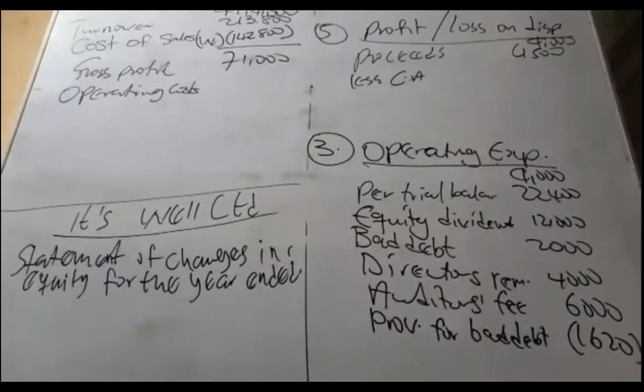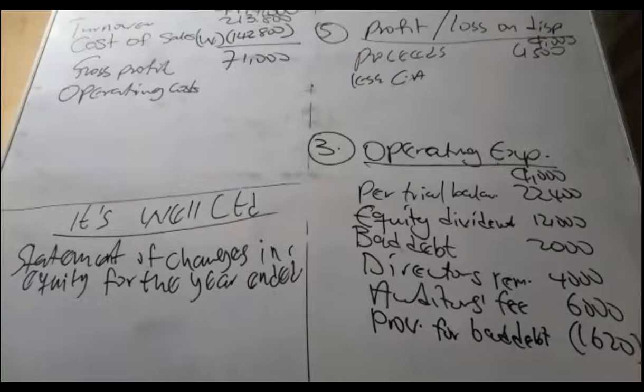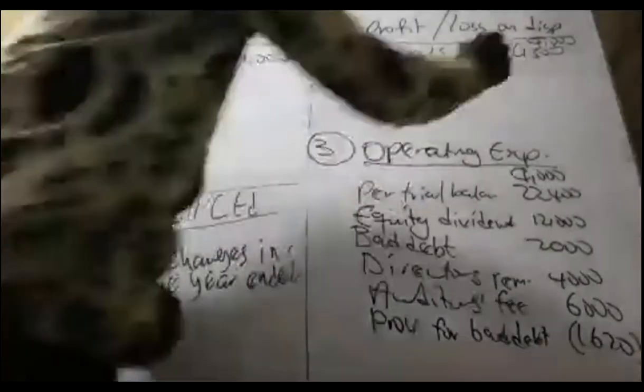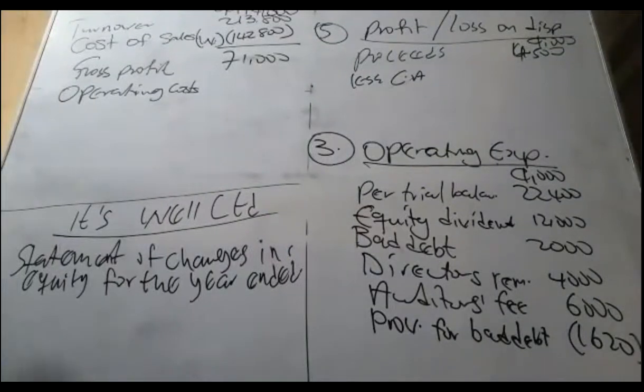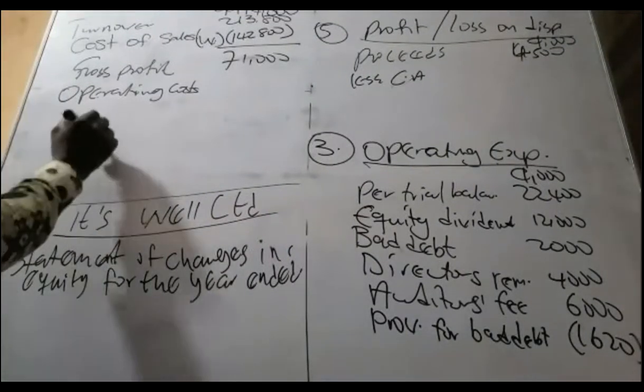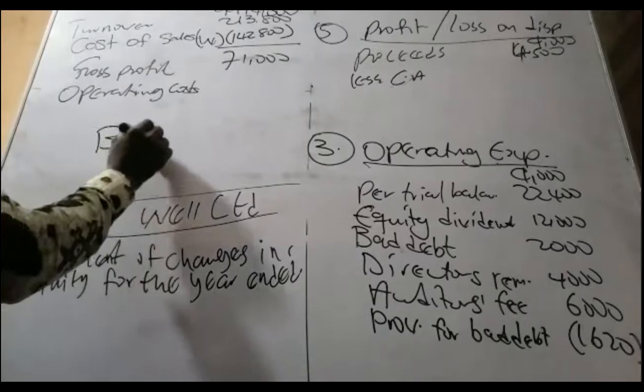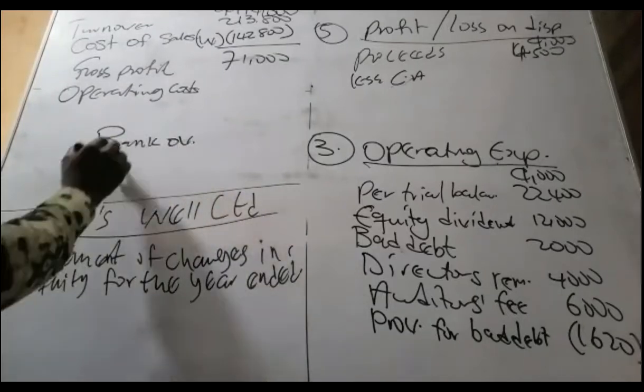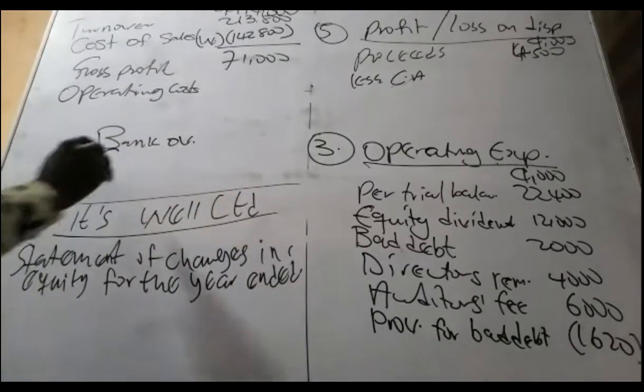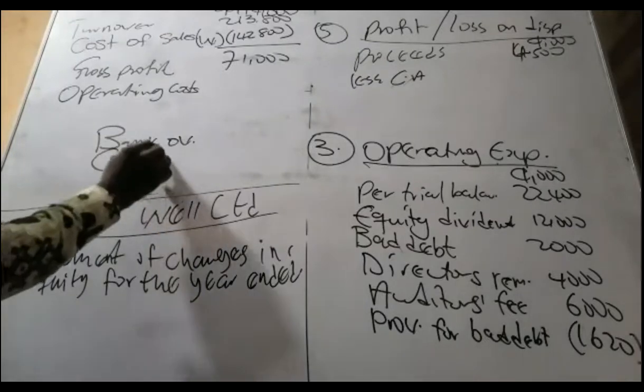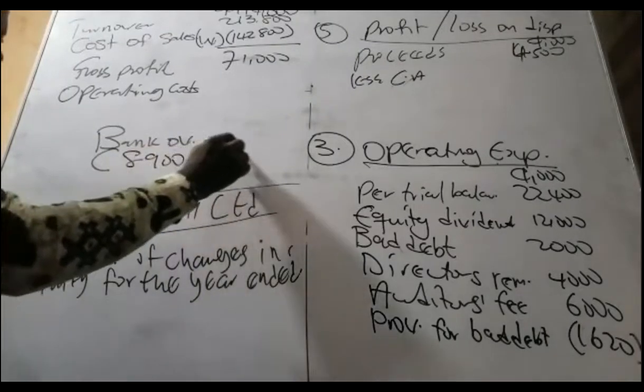When you go there, kindly add this 4,500. Just that here, I'm not going to add, you have to offset it. So I write bank overdraft here and open my bracket nicely, that is 8,900 less 4,500.